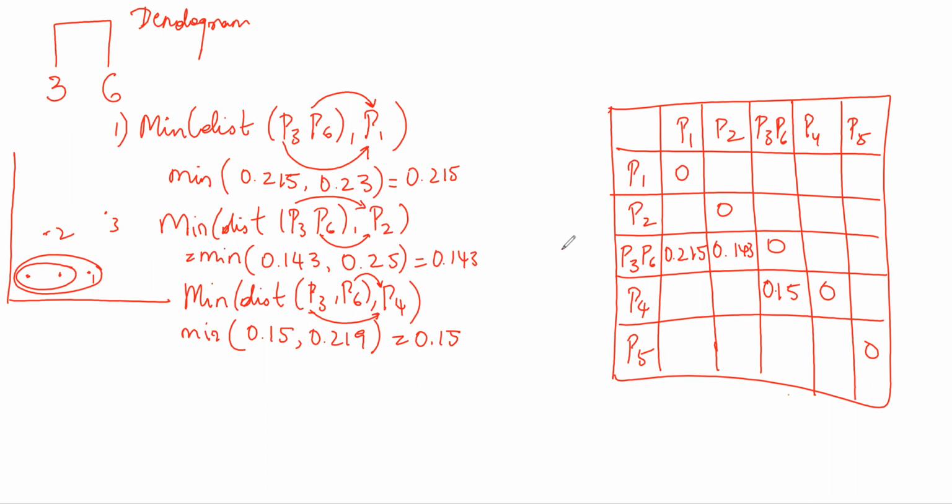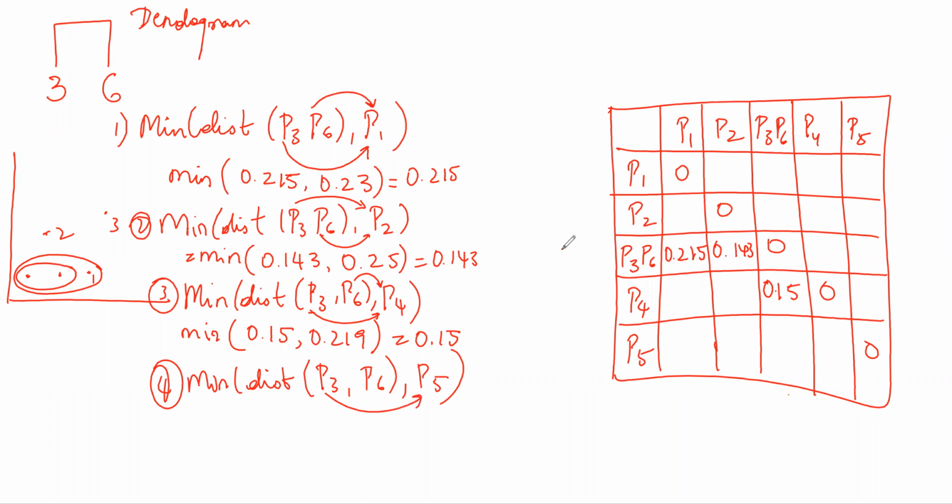Then again, this was the second, third, and I'll go ahead with the fourth. Identify the minimum distance of P3 to P6 with P5. P3 to P5 distance, P5 to P6 distance.